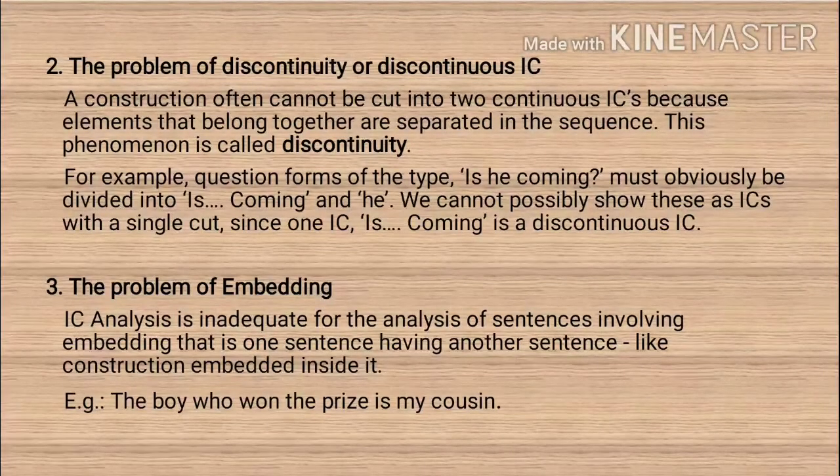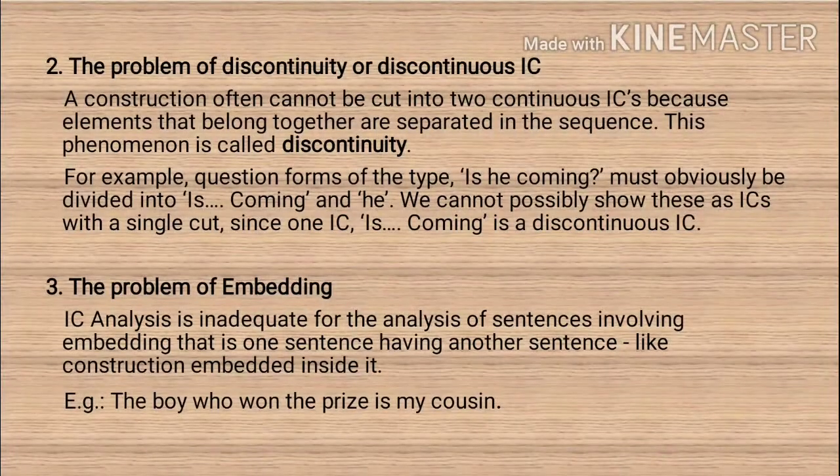Third one is the problem of embedding. IC analysis is inadequate for the analysis of sentences involving embedding, that is, one sentence having another sentence-like construction embedded inside it. For example, the boy who won the prize is my cousin.